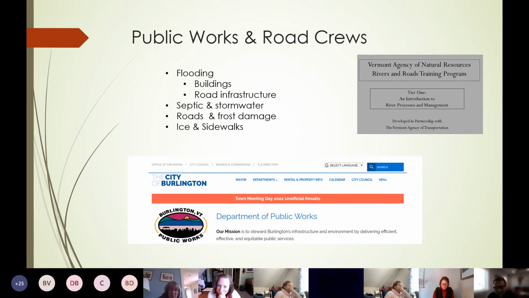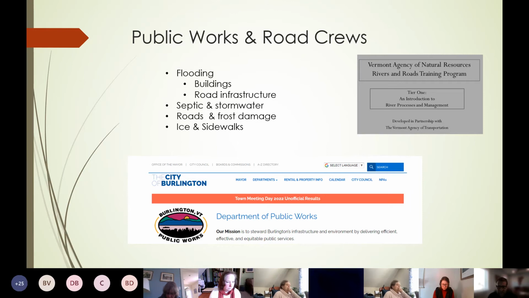But with increasing freeze-thaw cycles, our roads have really been awful recently with massive potholes, and our sidewalks are getting increasingly icy. Now, a few years ago, we went through our entire winter salt supply by the end of December because we got so much more ice instead of snow. So it's important that residents hear these firsthand experiences and that we involve these departments as partners in addressing climate.